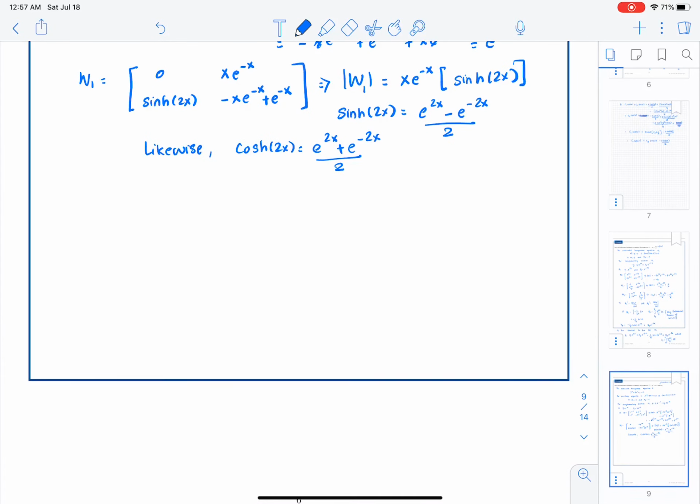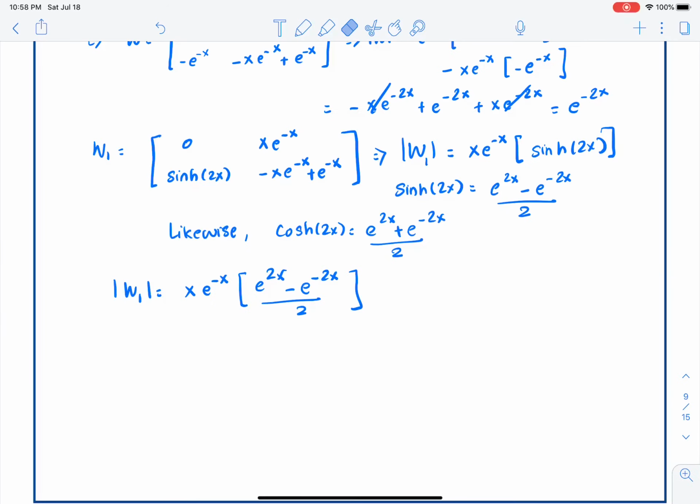So if I rewrote sinh 2x in terms of the exponentials, I'd have x e^(-x) times (e^(2x) minus e^(-2x)) divided by 2. So that would reduce to x over 2 times (e^x minus e^(-3x)).